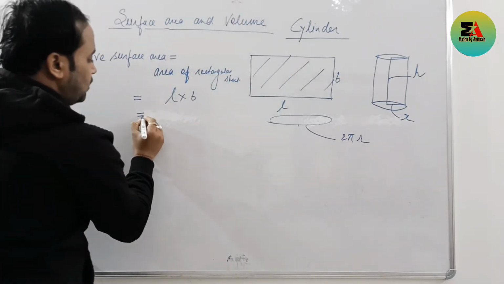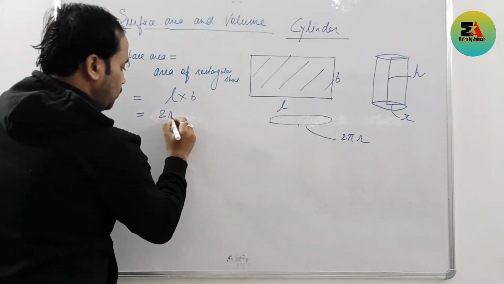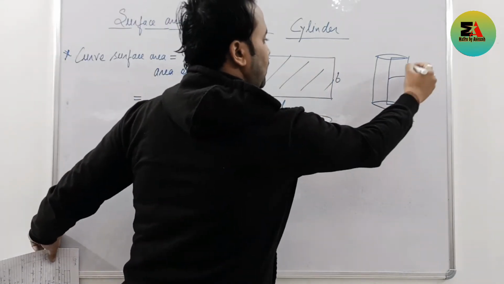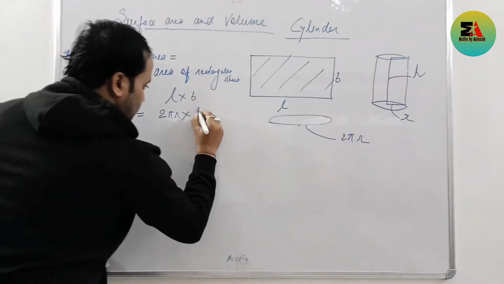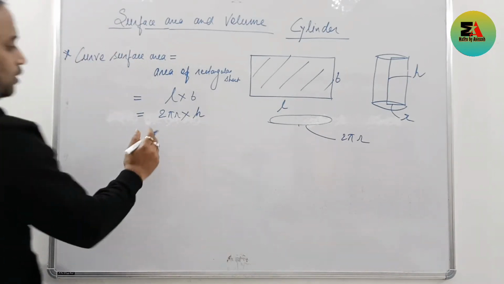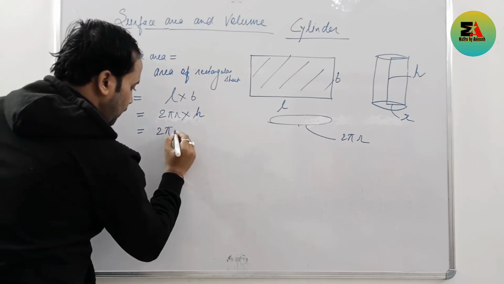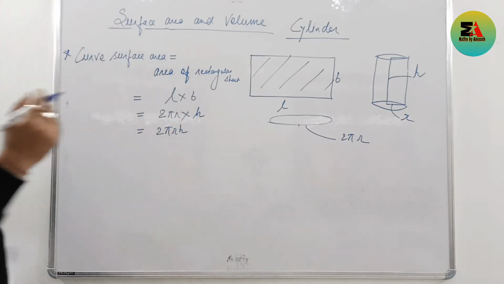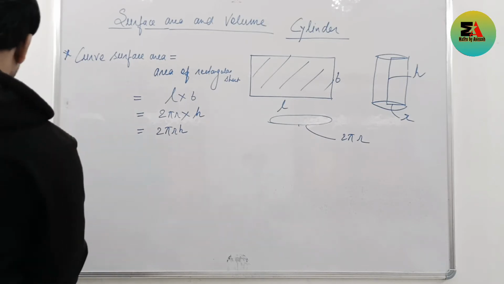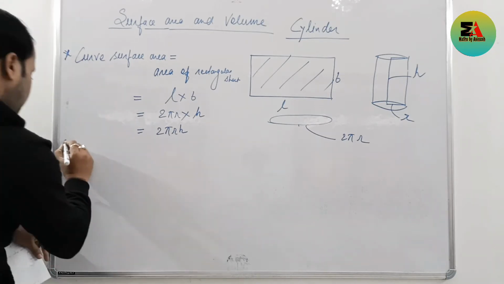In place of length, we write 2 pi r. This breadth acts like the height of the cylinder. Therefore, the curved surface area of a cylinder is 2 pi r h. Clear? That is how we derive the formula.